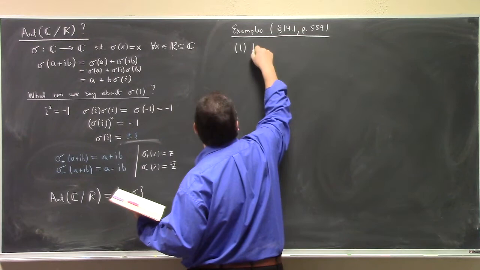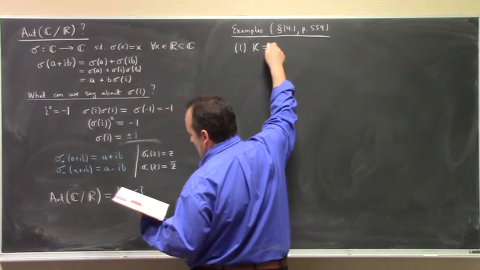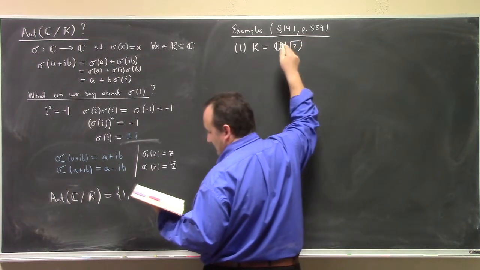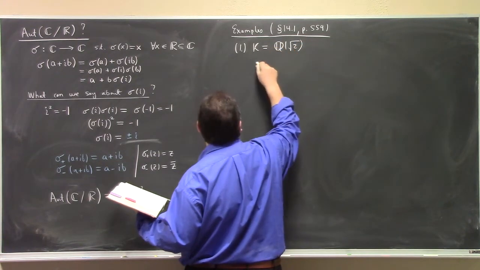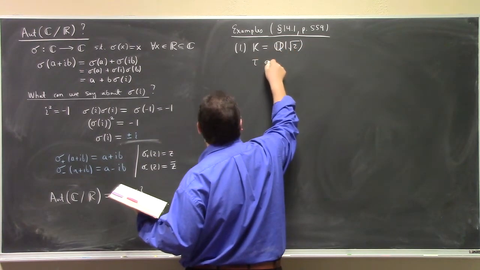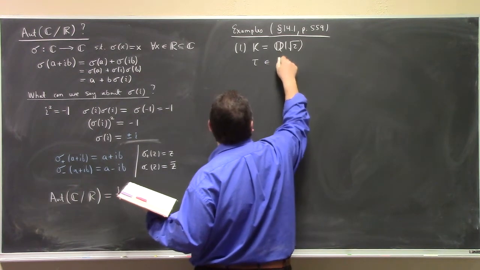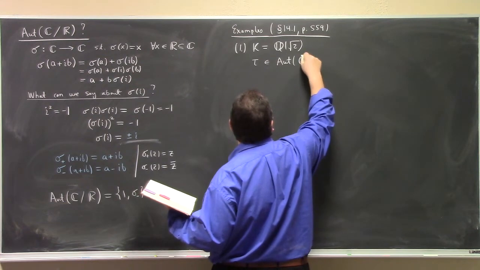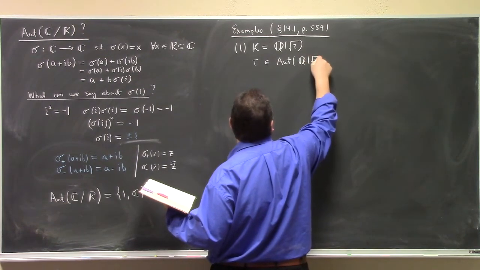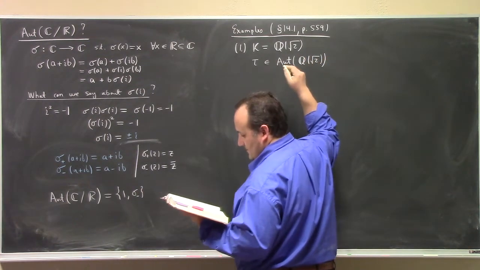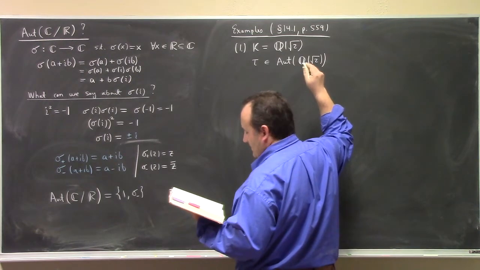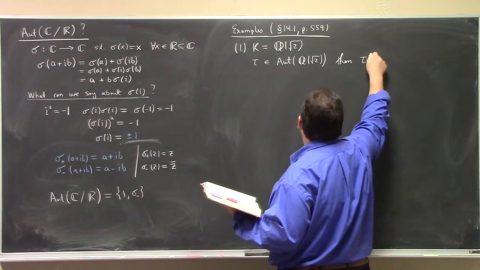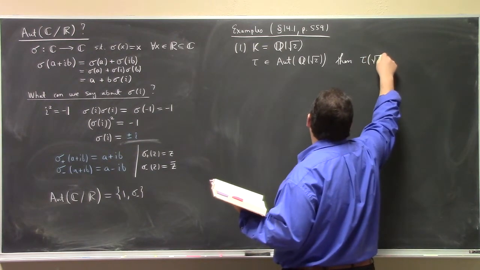Let's see here. He says, let K be Q adjoin square root of 2, right? And he says if tau is an element of Aut Q adjoin square root of 2, then tau of square root of 2 has to be what?